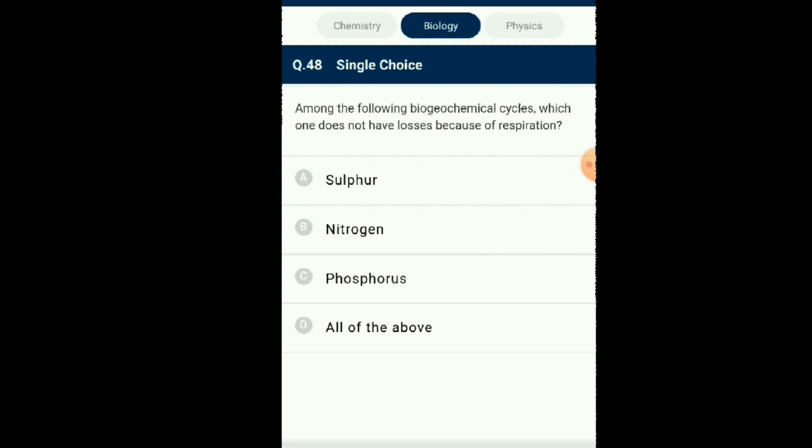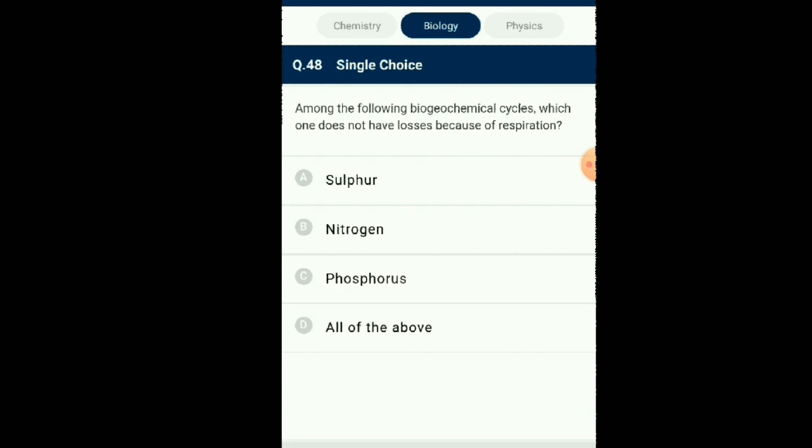The natural reservoir of phosphorus is rock, which contains phosphorus in the form of phosphates. When rocks are weathered, minute amounts of these phosphates dissolve in the soil solution and are absorbed by roots of plants. Herbivores and other animals obtain this element from plants.